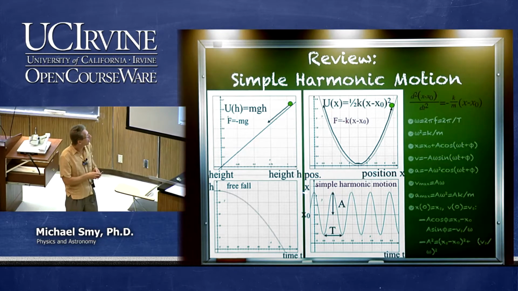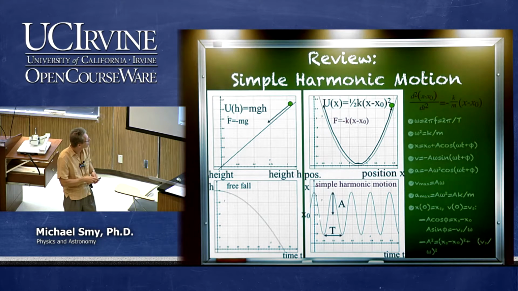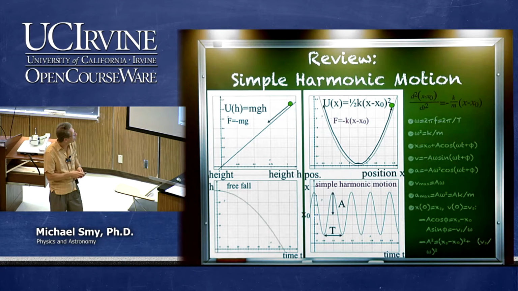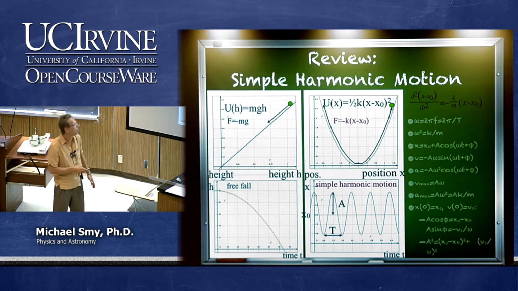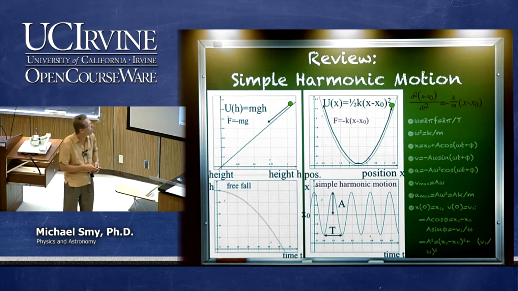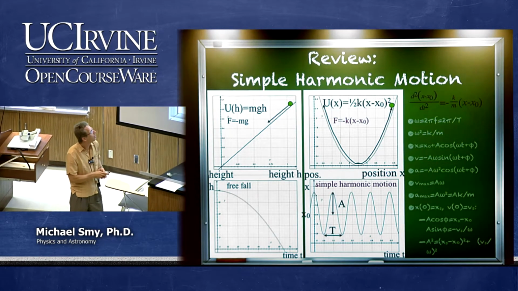And the resulting motion looks like a sine or a cosine, as shown here, as a function of time. So this is time, this is position, and it oscillates around this equilibrium position x naught. And one can define an amplitude of the oscillation, which is the maximum deviation from the equilibrium, and a period, which is the distance from crest to crest or trough to trough.